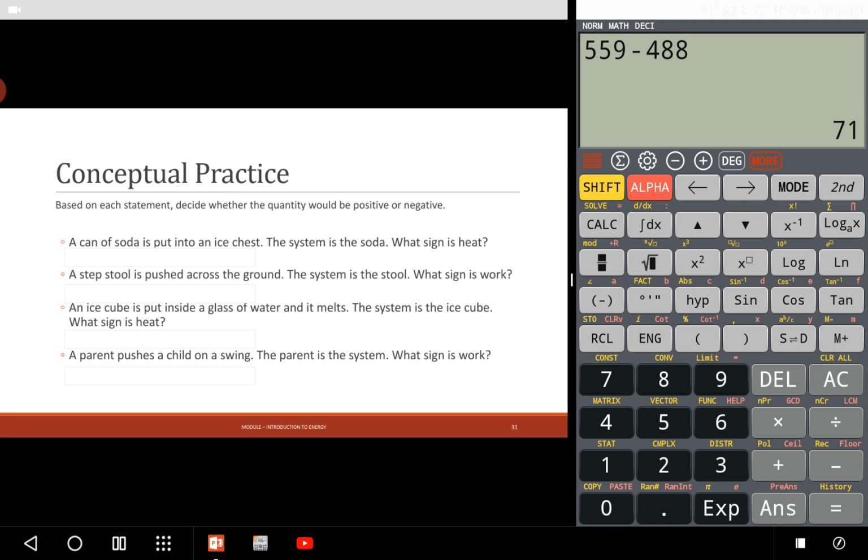Let's do a conceptual practice problem. Based on each statement, decide whether each quantity would have a positive or negative sign. If a can of soda is put into an ice chest, the system is the soda. What sign is heat? Go ahead and pause the video and think about each of these, and then unpause the video when you are ready to verify.